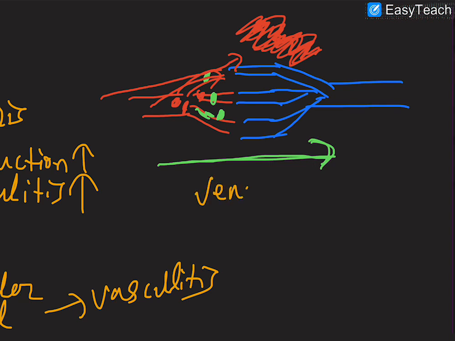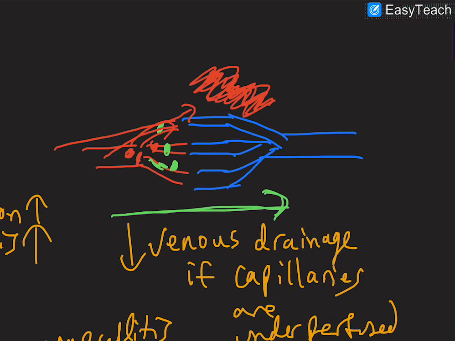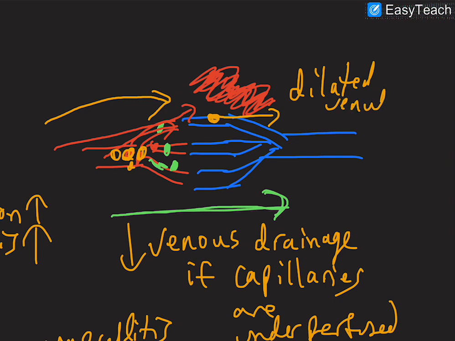So if blood flow is coming this way and not much blood is able to reach the capillaries due to small clots in your arterioles, then your venous drainage will also slow down, which means blood will pool in your venules, and you get dilated venules.